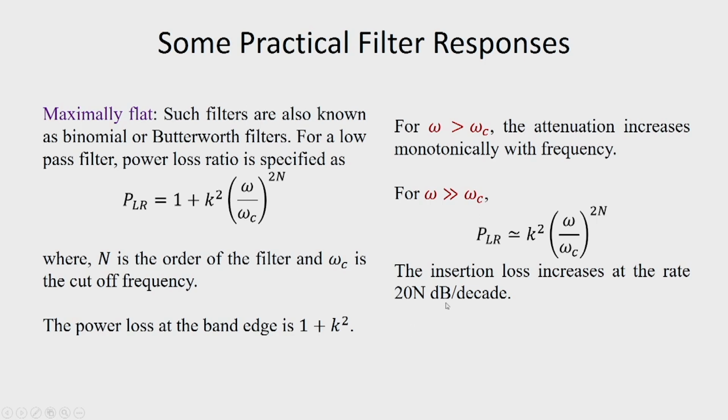So, 20N dB per decade means as the frequency becomes 10 times larger, the attenuation increases by 20N dB, N is the order of the filter.